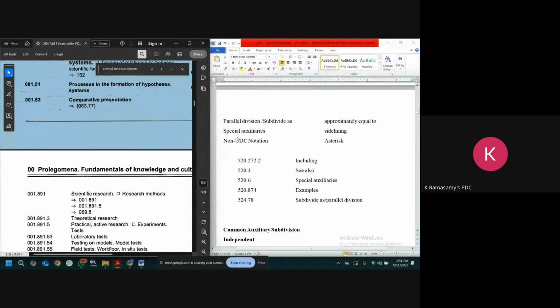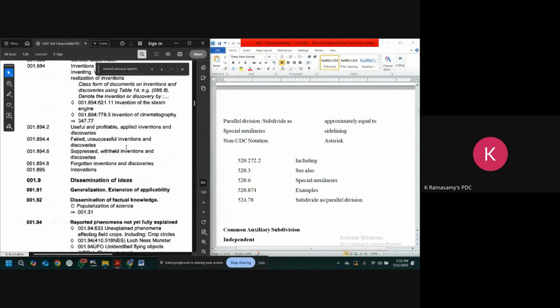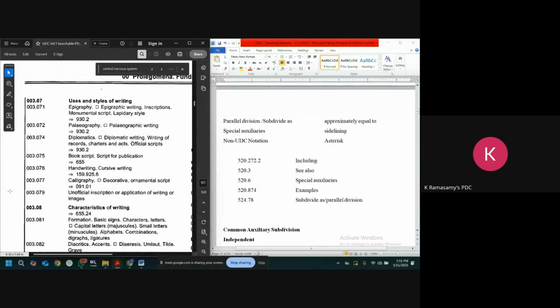Then come special auxiliaries. Whenever you talk about special auxiliaries, there's something called sidelining. You can see here, to the left of 003, you can see one line. Please don't think that this line is a mistake made when taking the Xerox copy or scanning.